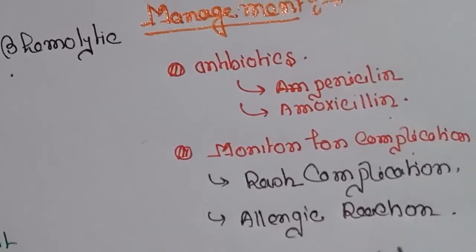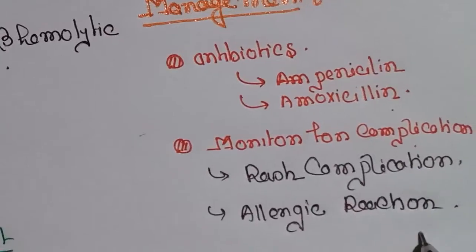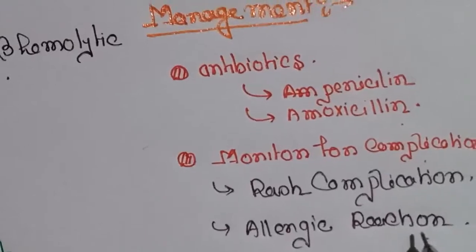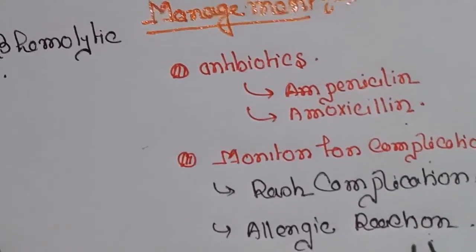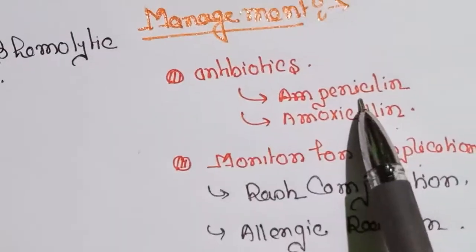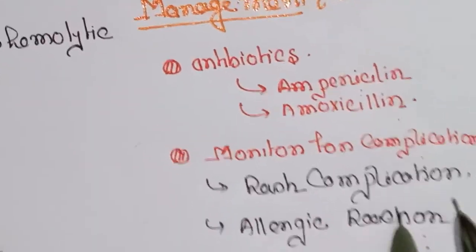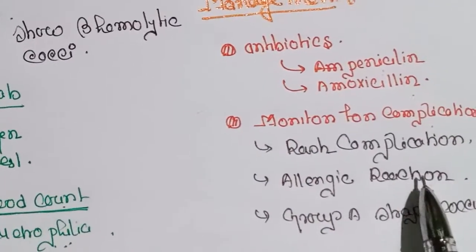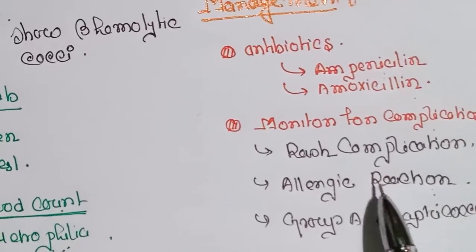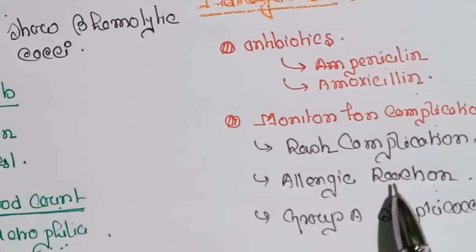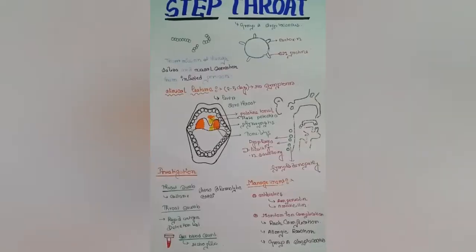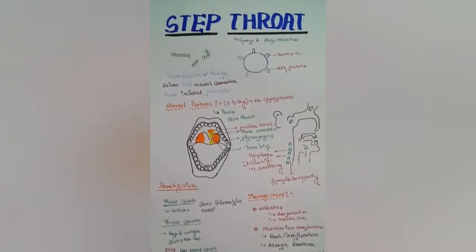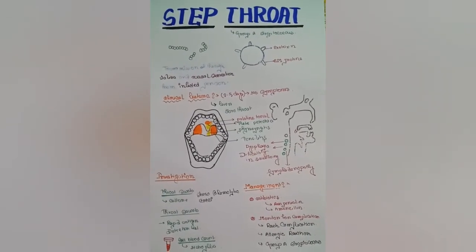Second, there could be an allergic reaction to the antibiotics, in which case you would stop the antibiotics and potentially change them. Third, ask yourself whether this is a complication of group A Streptococcus, which is scarlet fever, where they also get rashes. That is all for bacterial acute tonsillitis. I think you all understand.